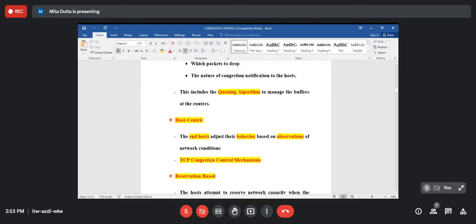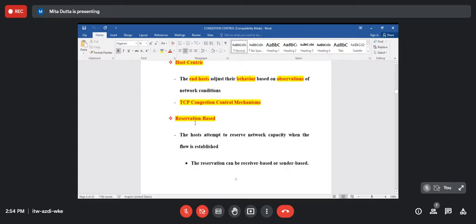And we will study the TCP congestion control mechanism, because I have told you the TCP layer of the TCP/IP protocol architecture takes care of flow control, error control, and congestion control also. So we are going to study how the transport layer can take care of congestion when it occurs in a network. That is why it is known as host centric.